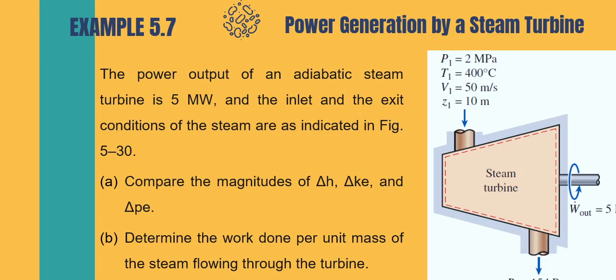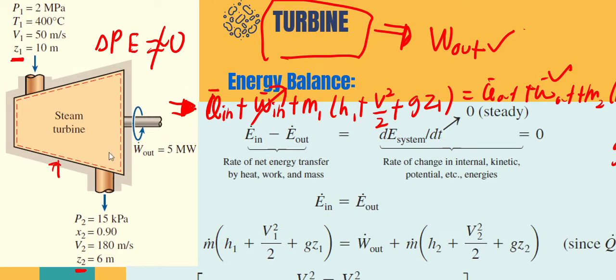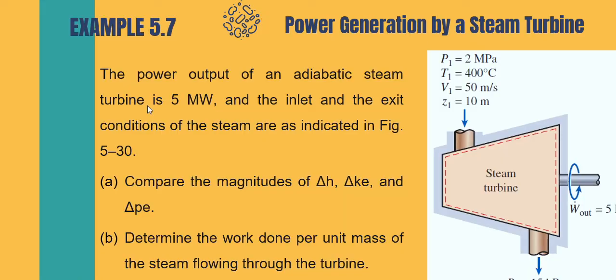Okay, so this diagram here is the example, Example 5.7. The power output of an adiabatic steam turbine is 5 megawatts. So work out is given, and then the inlet and exit conditions are indicated.